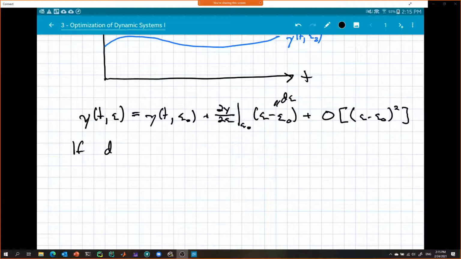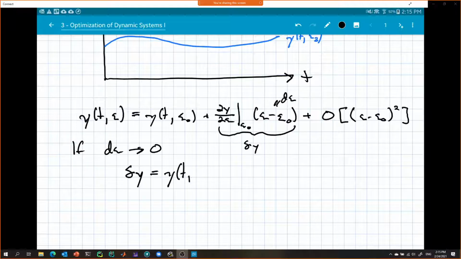So if d epsilon goes to 0, and this is the basis of calculus, I'm going to label this right now. This is the variation. We care about the first order variation here.